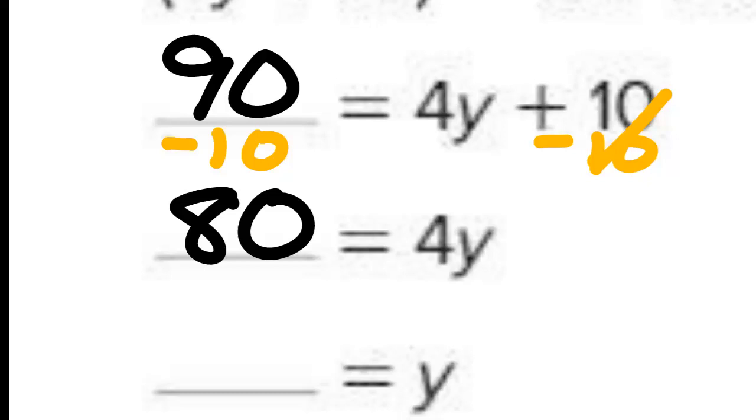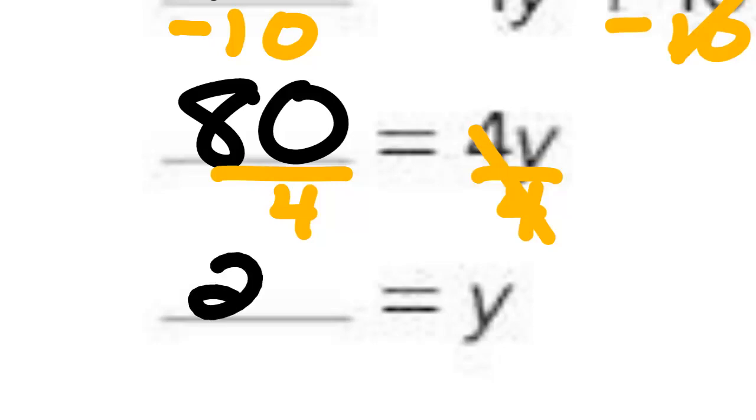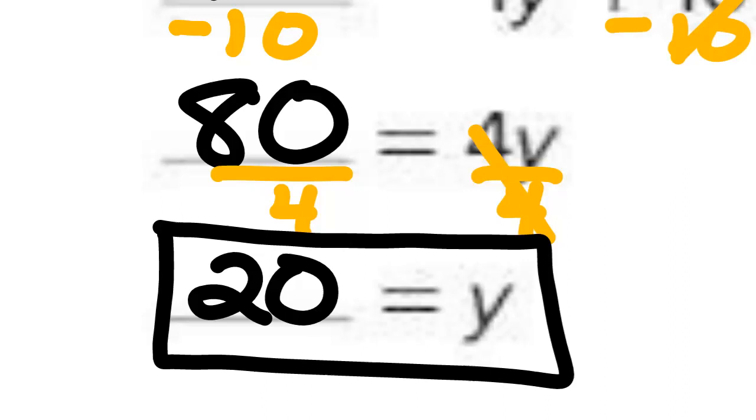And then what would I need to do after that? Divide both sides by 4. What's 80 divided by 4? Yep. Just a little louder, Deanna, you were right. 20. So y is 20. What did we use to be able to do that?